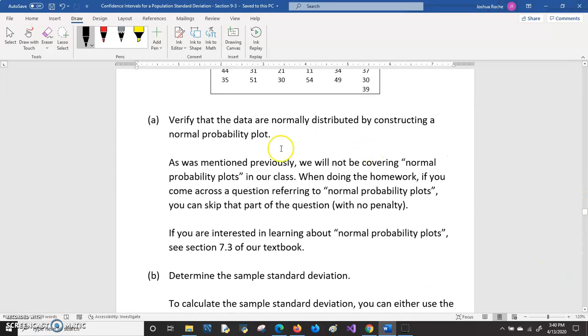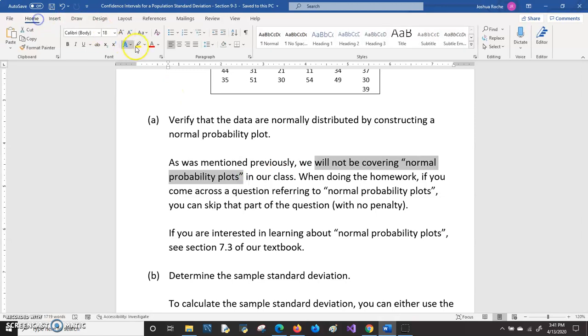In Part A, it says verify that the data are normally distributed by constructing a normal probability plot. I mentioned in a previous video that in our class we will not be covering normal probability plots. When you do the homework, if you see any part of a question that refers to normal probability plot, you can go ahead and skip that part of the question.